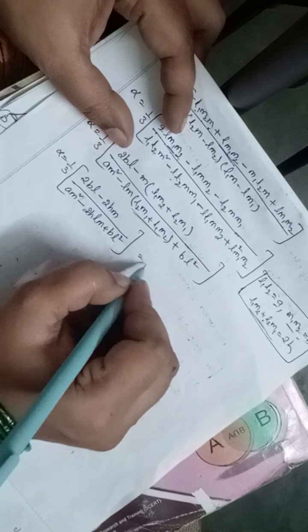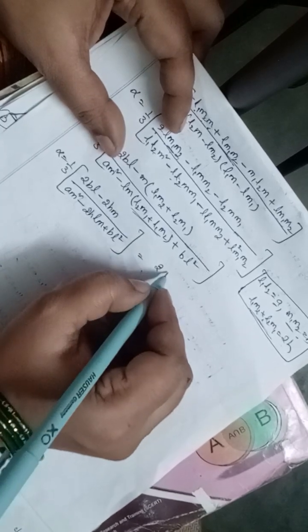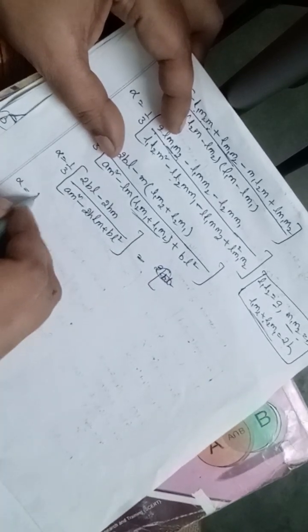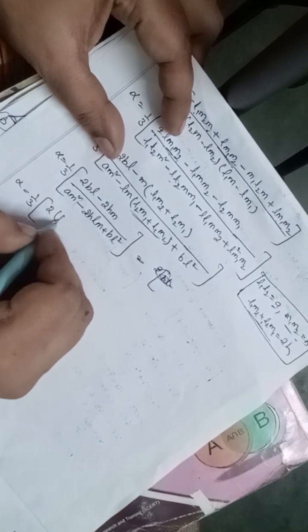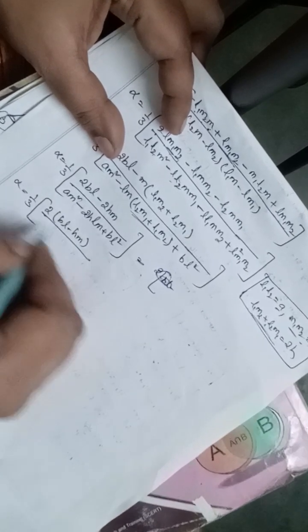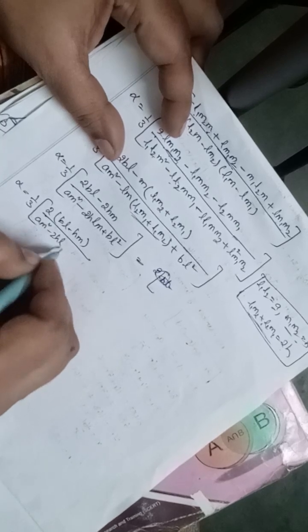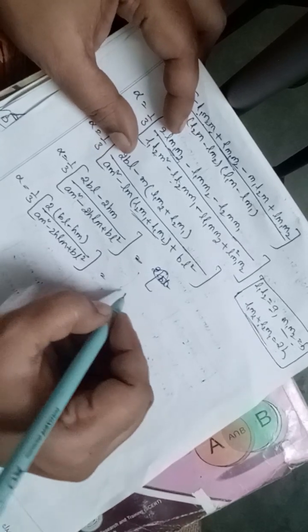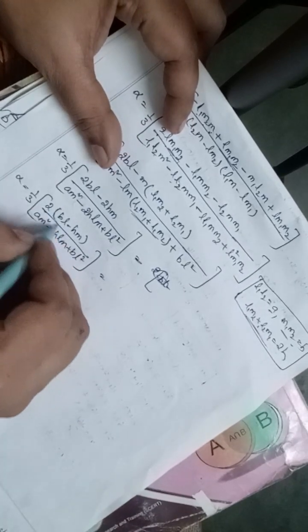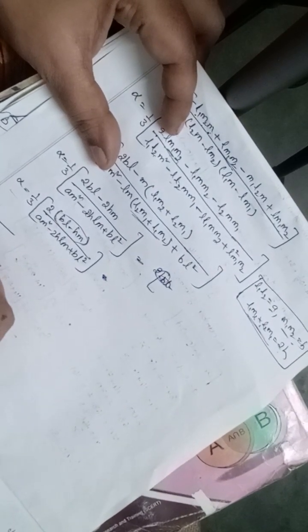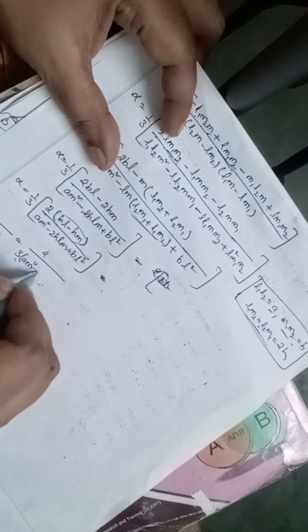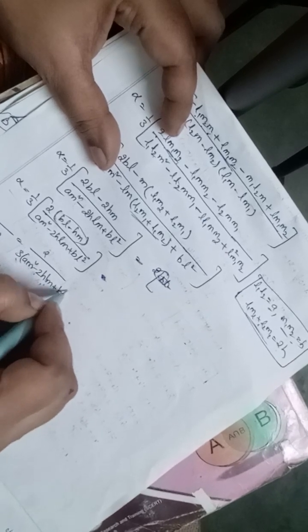If you take 2 common, alpha equals 1 by 3 into 2 common, BL minus HM by AM square minus 2HLM plus BL square. Bring BL minus HM this side: alpha by BL minus HM equals 2 by 3 into AM square minus 2HLM plus BL square.